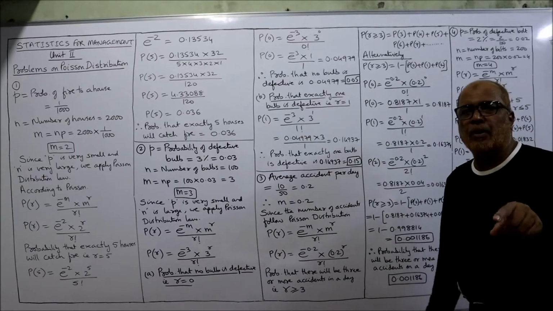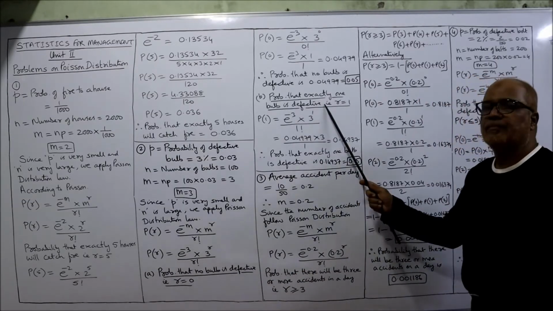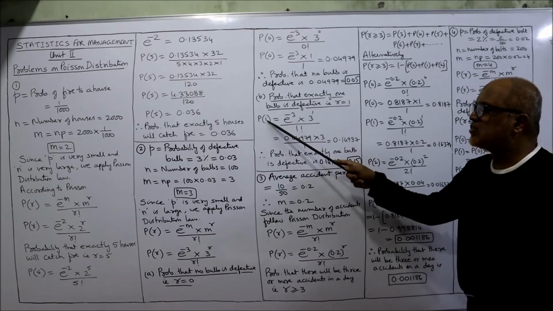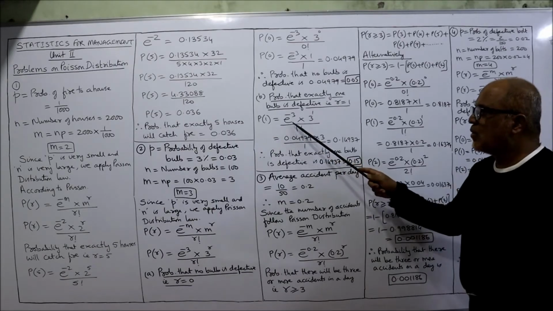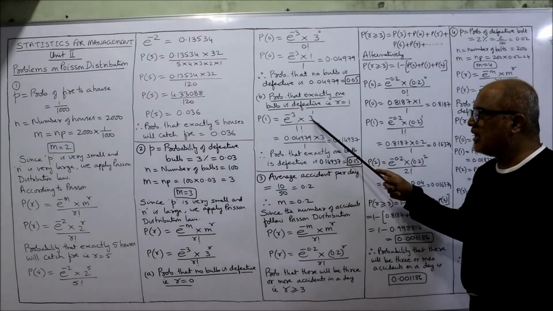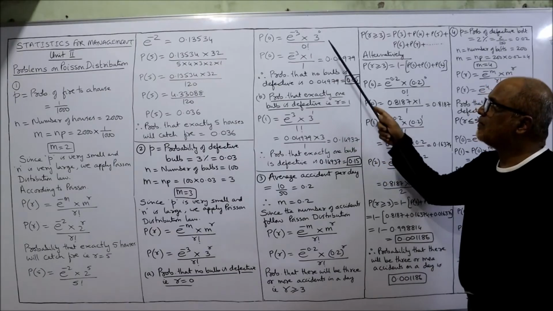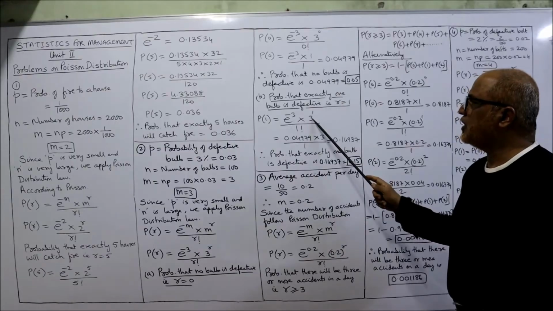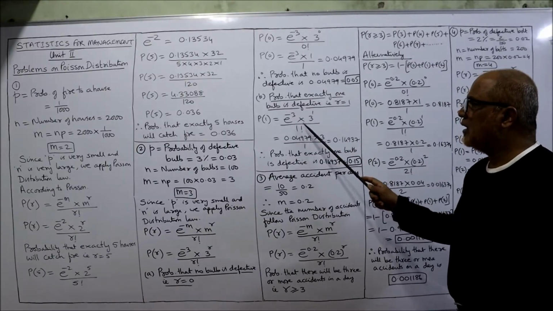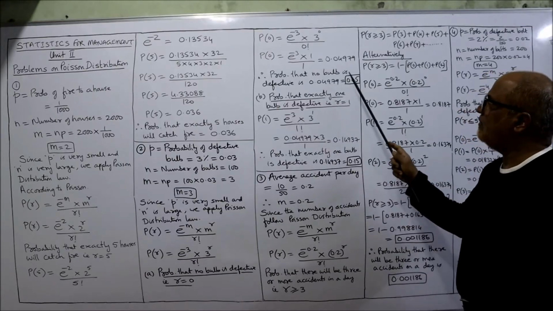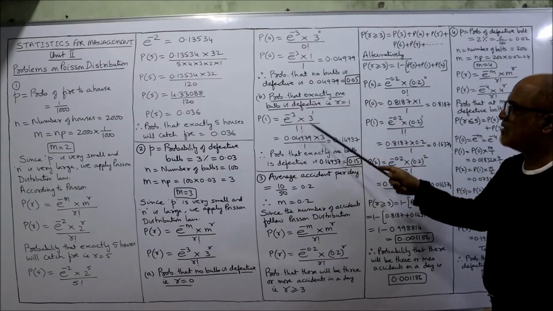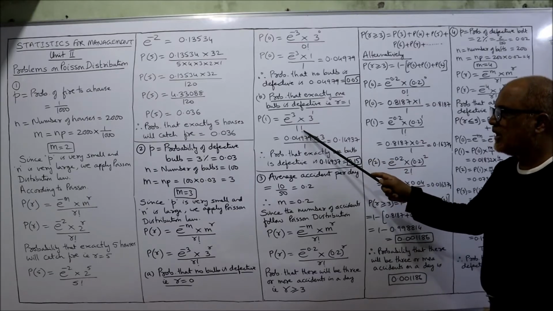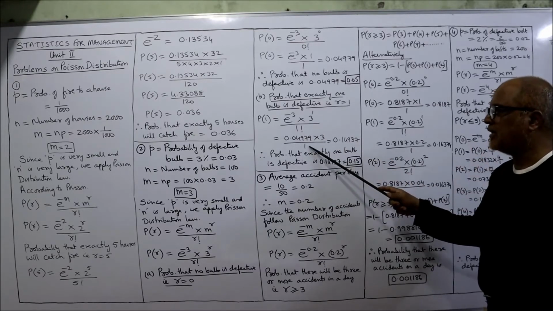Now secondly, what is the probability that one bulb is defective? That is R is equal to 1. Substitute the value of R as 1: P of 1 is equal to e to the power of minus 3 into 3 to the power of 1 by 1 factorial. e to the power of minus 3, we already got the value 0.04979, into 3 to the power of 1, which is 3. 1 factorial always equals 1.